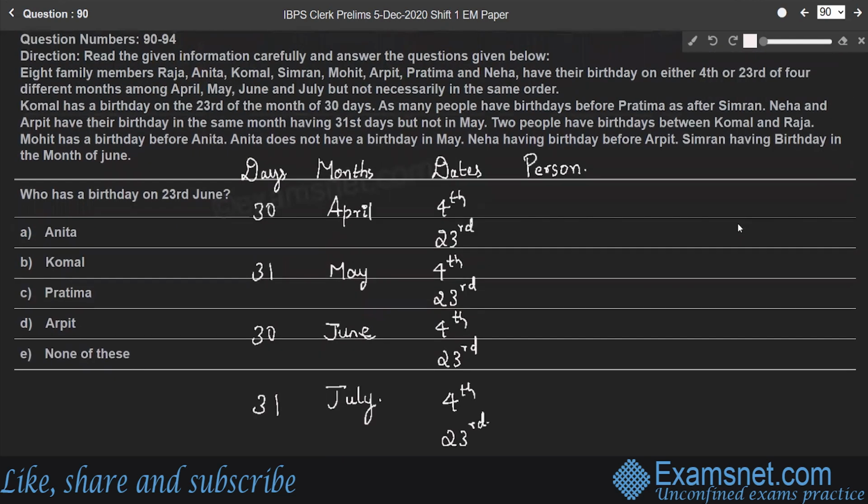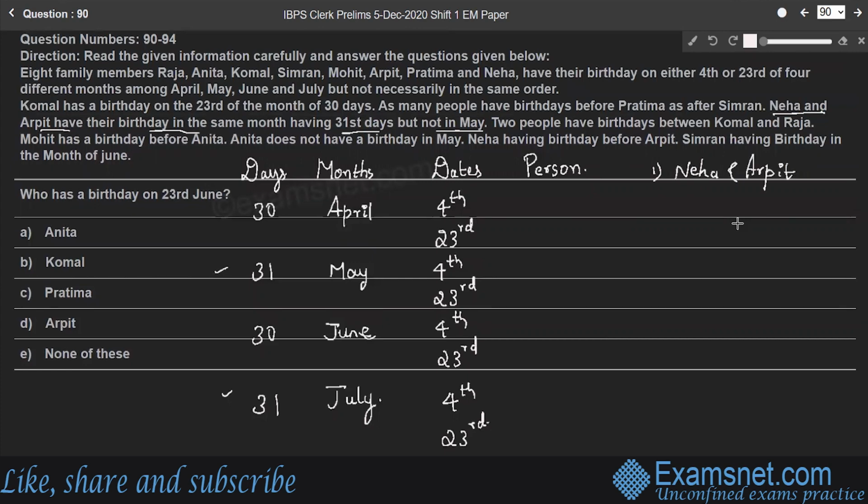So for this, let us consider these points. Neha and Arpit have their birthday in the same month having 31 days, but not in the month of May. That means months having 31 days are May and July, but Neha and Arpit were not born in the month of May. That means Neha and Arpit were born in the month of July.